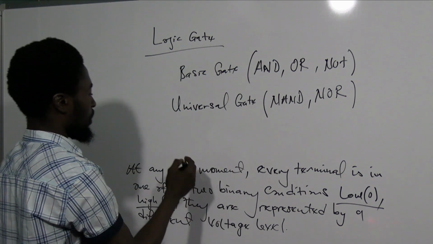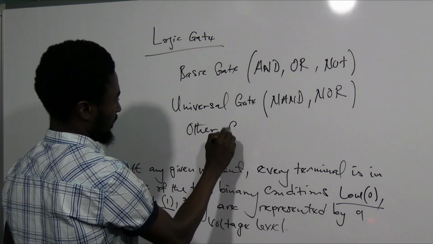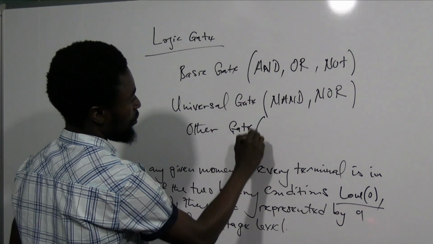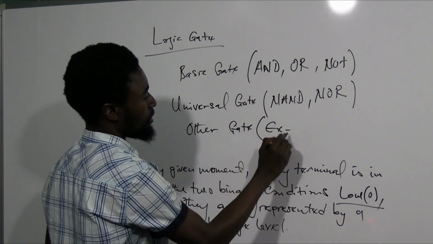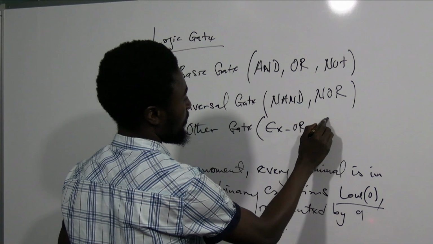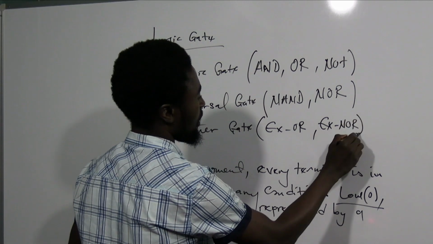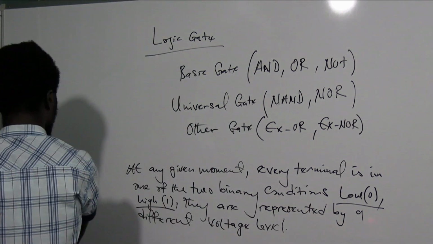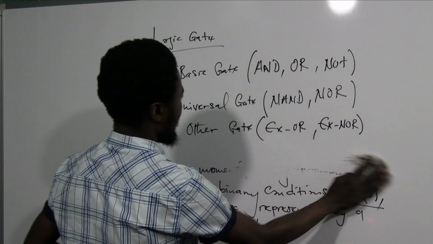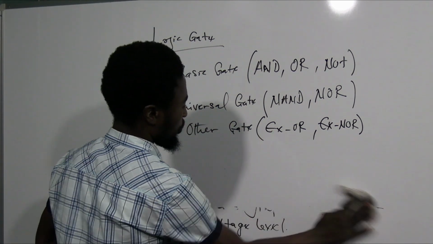We have other gates, which are the exclusive OR and the exclusive NOR gates. So these are basically the various logic gates we have.